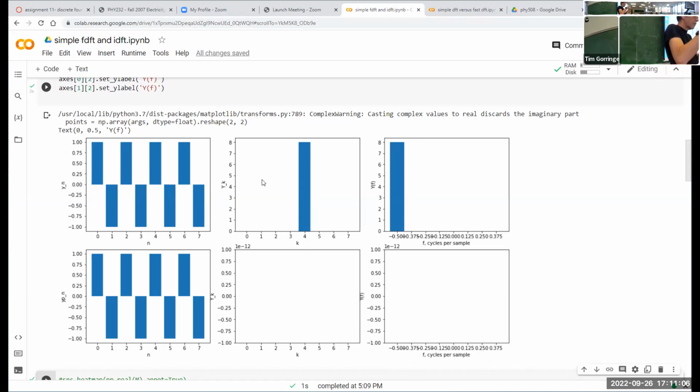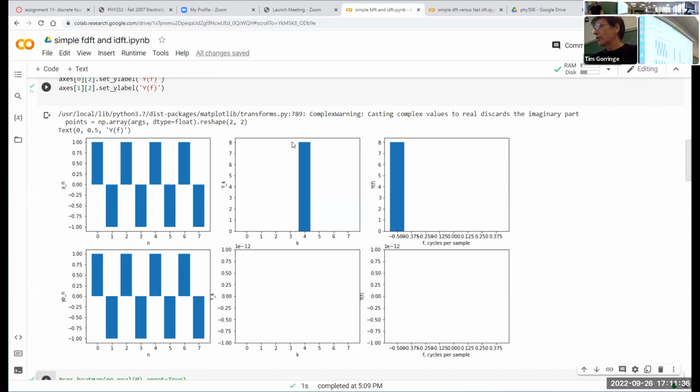But because we're multiplying by a complex matrix to do the decomposition into frequency space, in the frequency space it would generally be complex, the uppercase Y. So I'm going to plot both the real and the imaginary components of uppercase Y, the frequency domain version of the data.